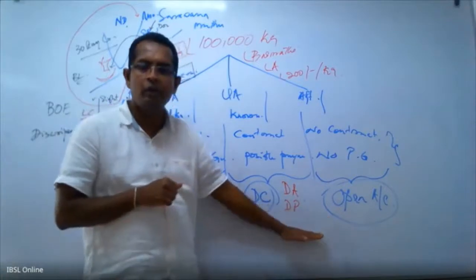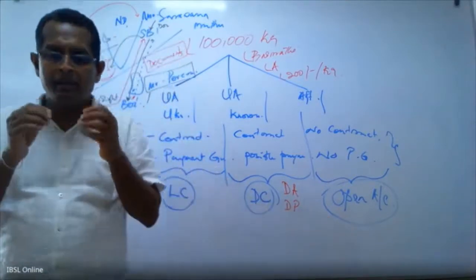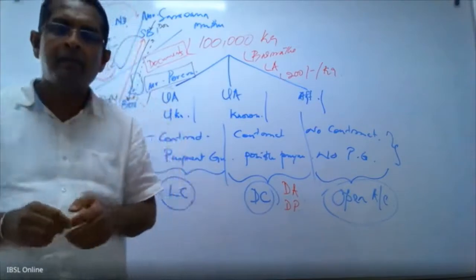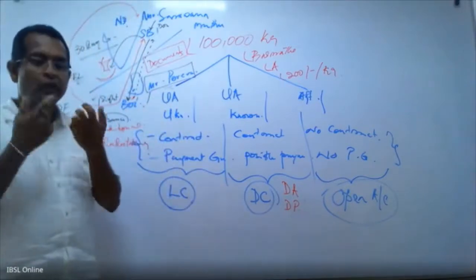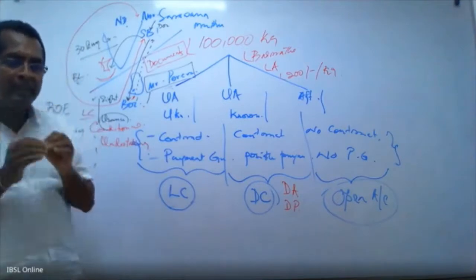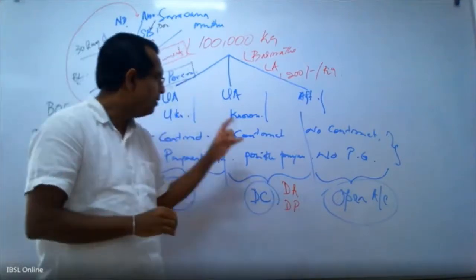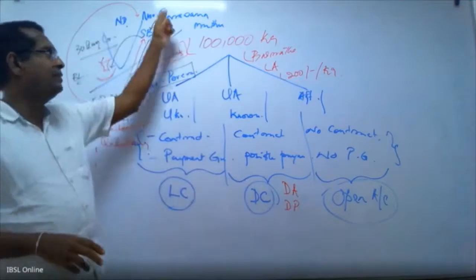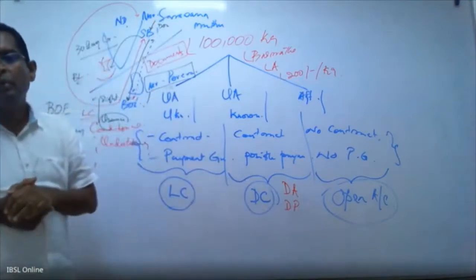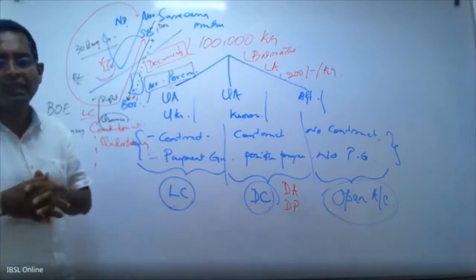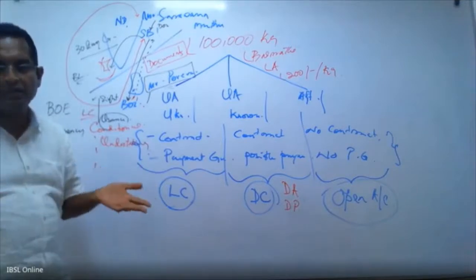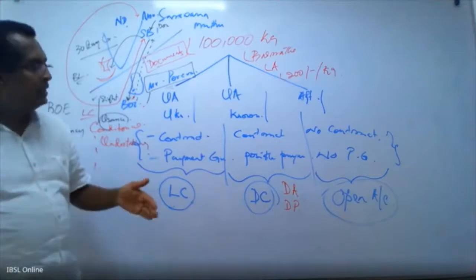DP is documents on payment. Right? If the customer pays us, we will release the documents. If he does not pay, after a few days, we will send it back to Mr. Saravanamuthu saying that my customer is not collecting the documents. We can't do anything. Right?